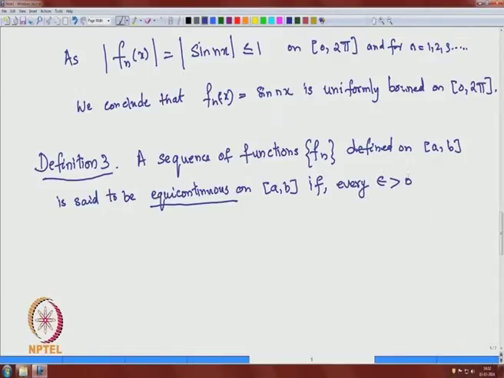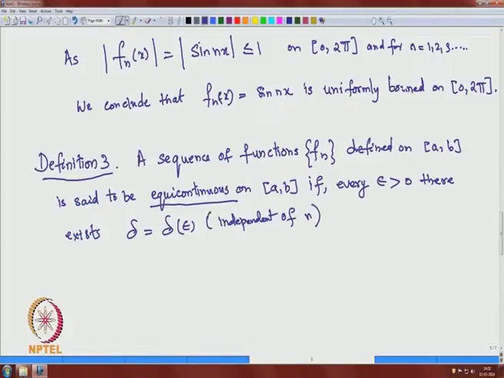greater than 0 there exists a delta. That delta is a function of epsilon. That delta depends on epsilon but is independent of n.